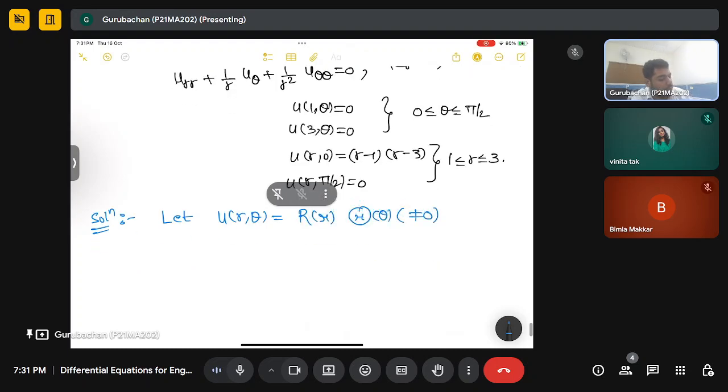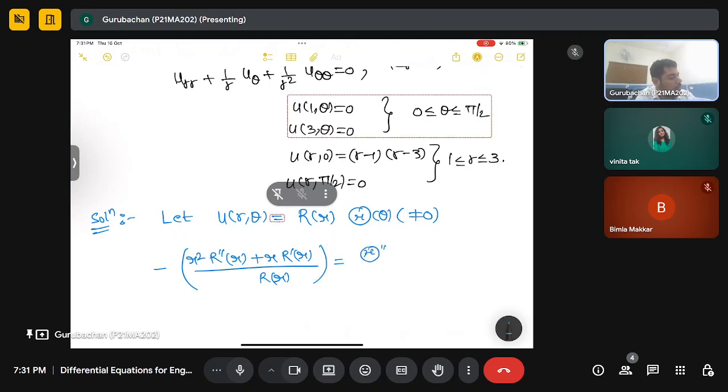So while you put in this equation, you will get r square R double dash of r plus r R dash of r divided by R of r equal to minus theta double dash of theta divided by Theta of theta is equal to some constant.